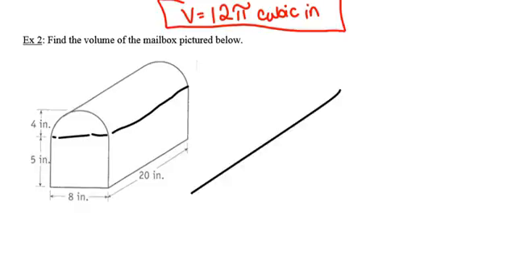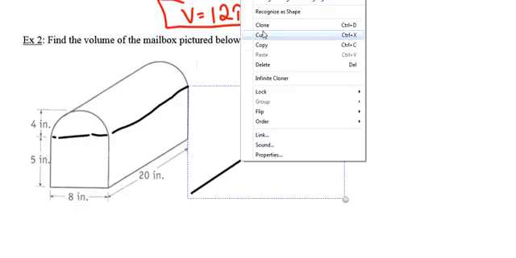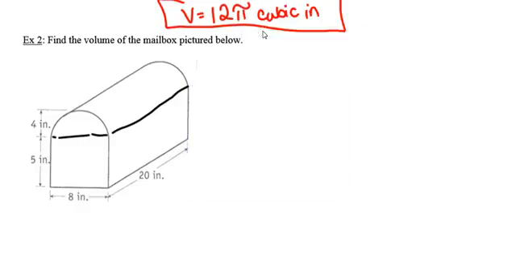So I'm going to go ahead and start with the half cylinder. I can approach this a couple different ways. I can either find the volume of the whole cylinder and then divide it by 2, or I can just start by taking half the volume of a whole cylinder. I'm going to identify to the person reading my paper that the figure for which I'm finding volume here is this half cylinder.